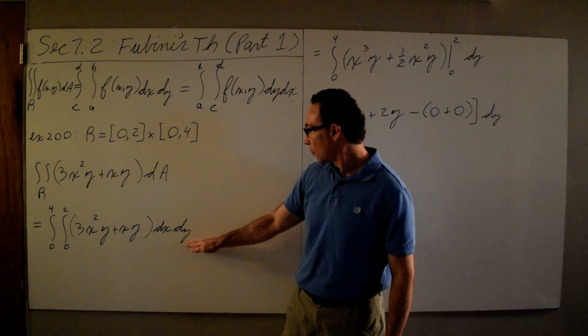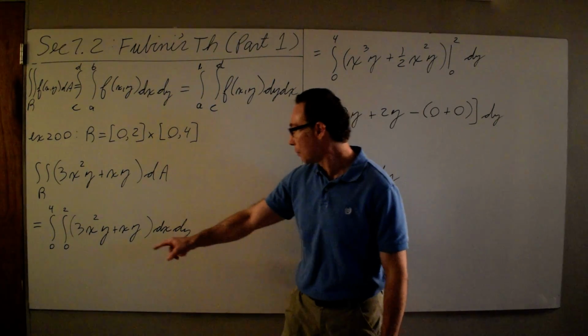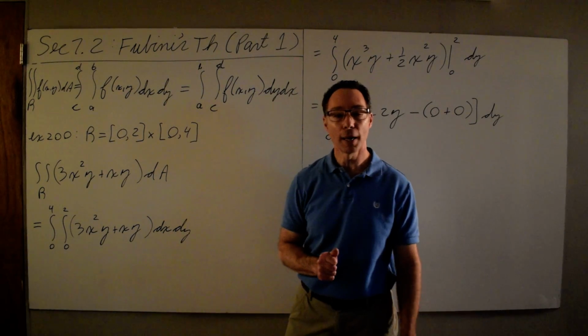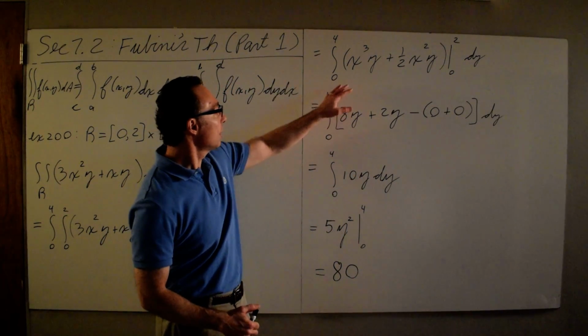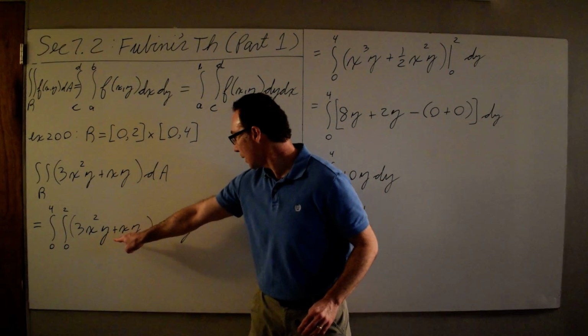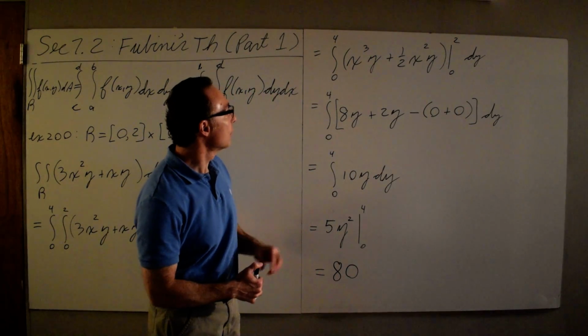And so first we'll find an antiderivative with respect to x. Remember, when we do this first integral, we're going to integrate with respect to x. We're just going to pretend y is a constant. And so we find an antiderivative. So we're going to have x cubed y plus 1/2 x squared y. That's our antiderivative.